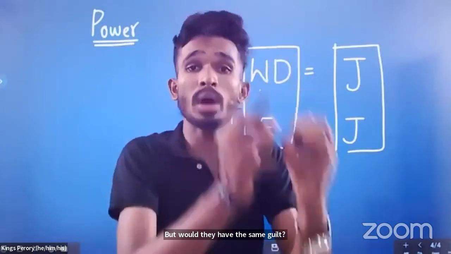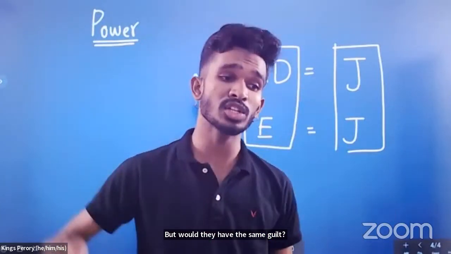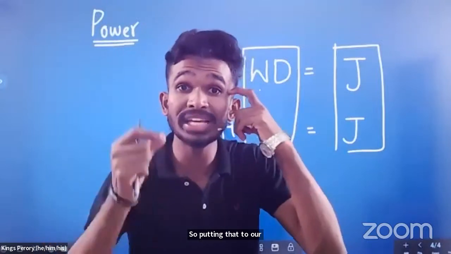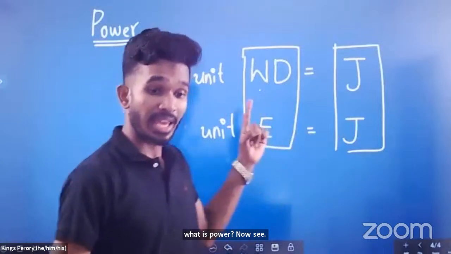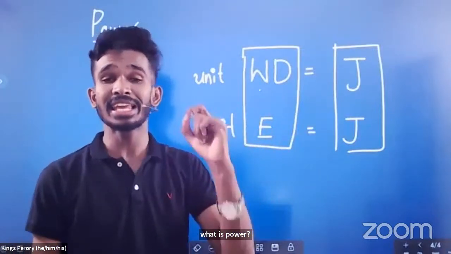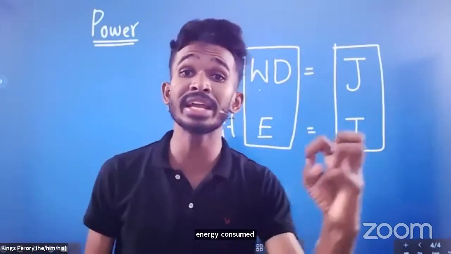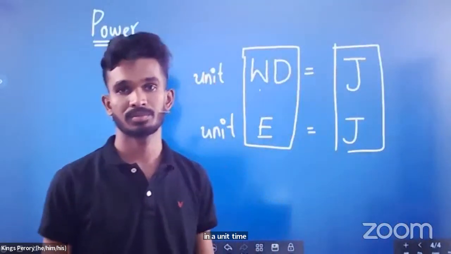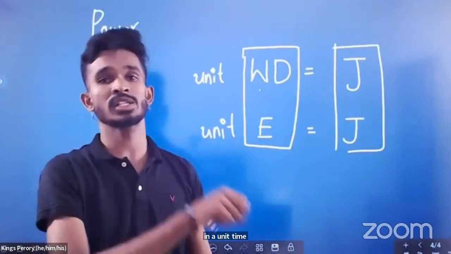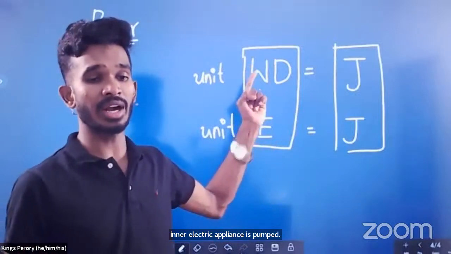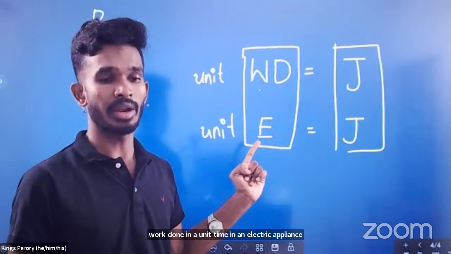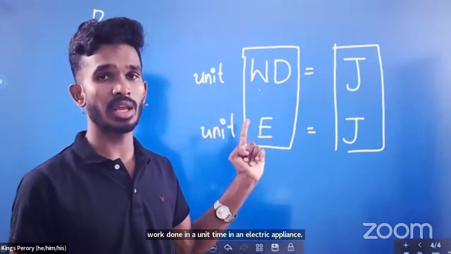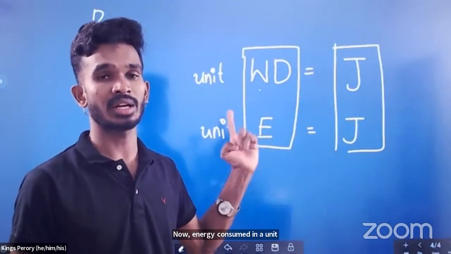So putting that into our definition, I can remake the definition of power. What is power? Energy consumed in a unit time in an electric appliance is power. Before, the definition I told was work done in a unit time in an electric appliance. Now, energy consumed in a unit time in an electric appliance.